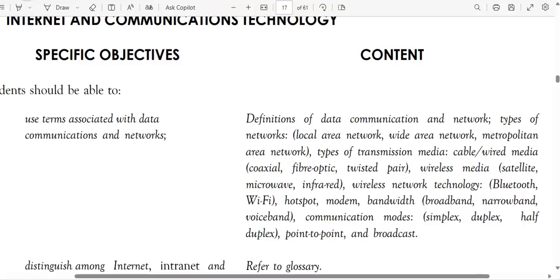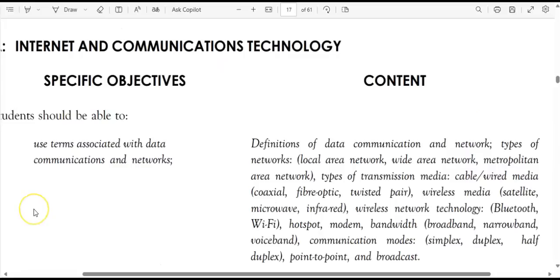All right, so we're going to look at definitions of data, communication, and network. Now, data communication is the process of transmitting digital or analog data between two or more devices using a transmission medium such as cables, fiber optics, or wireless signals.